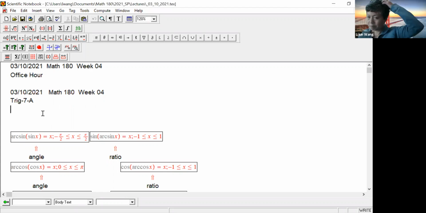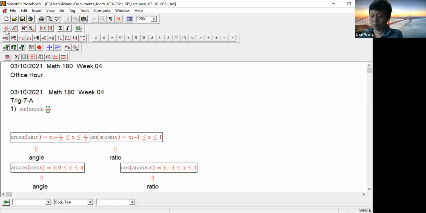So trig 7a, let's look at the first one, before we jump to the answers. Number one: we have sine of arc sine of 3/5.